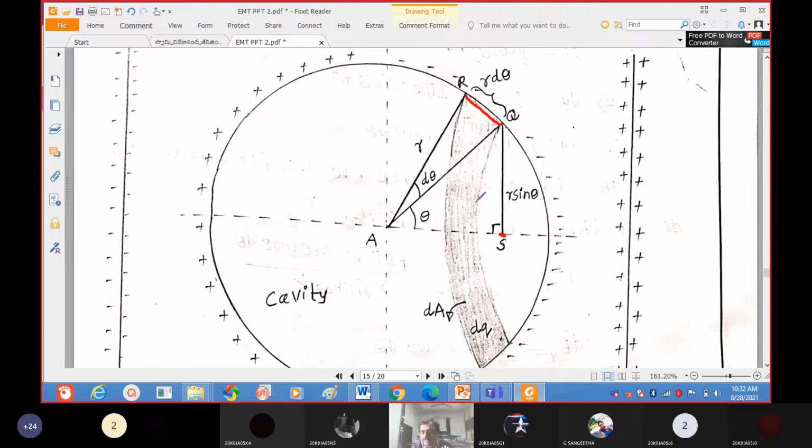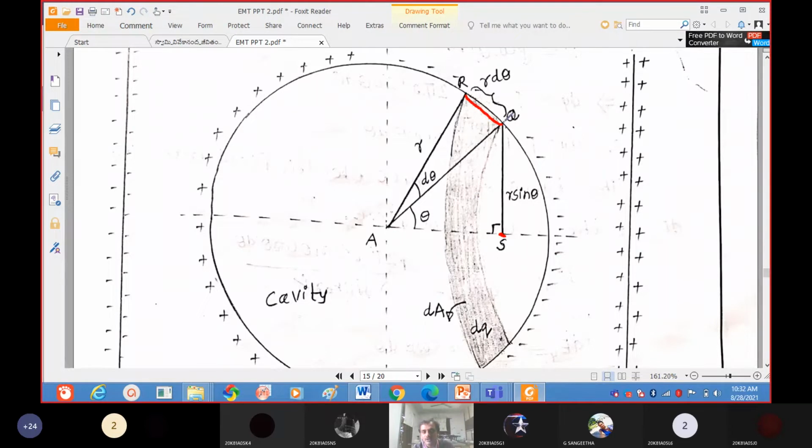It gives the total area. A is equal to circumference into thickness. Now, what is the circumference here? It is 2 pi r.